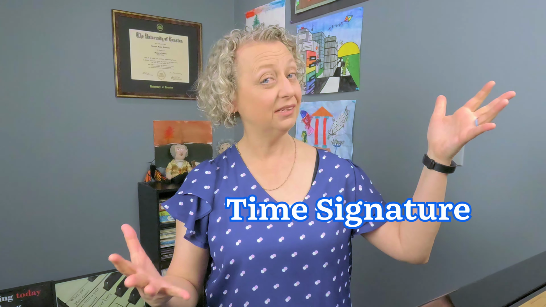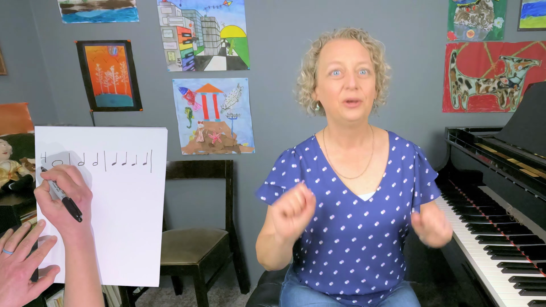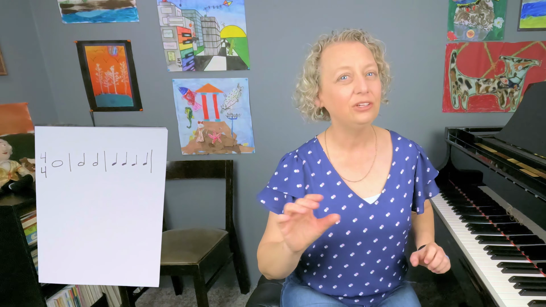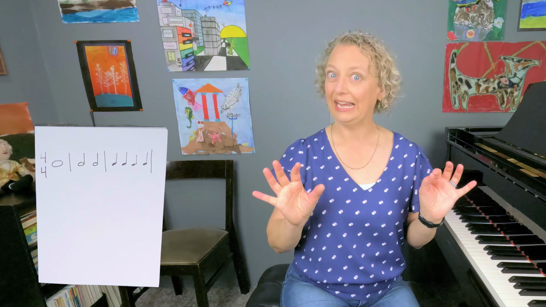To inform us of the decided upon number of beats for any song in advance, a symbol was created called the time signature. This looks a lot like a fraction, but not to worry. While it does tell you a lot of information, we aren't going to do the deep dive today.